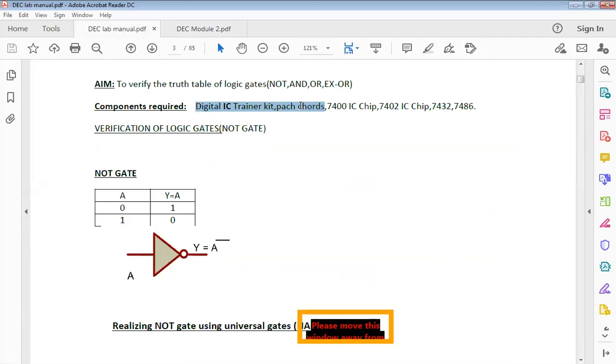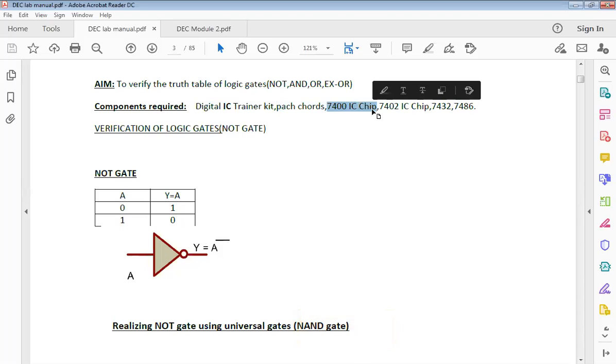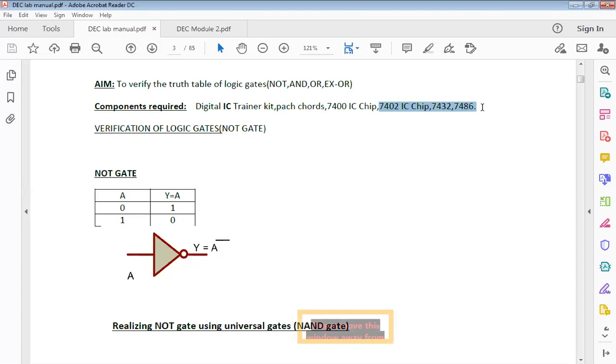I will be posting a video wherein you can look into the practical concepts we have done practically. A digital trainer kit, patch cords, which are nothing but your wires, then we need the 7400 IC, then the 7402 IC, then 7432, 7486.